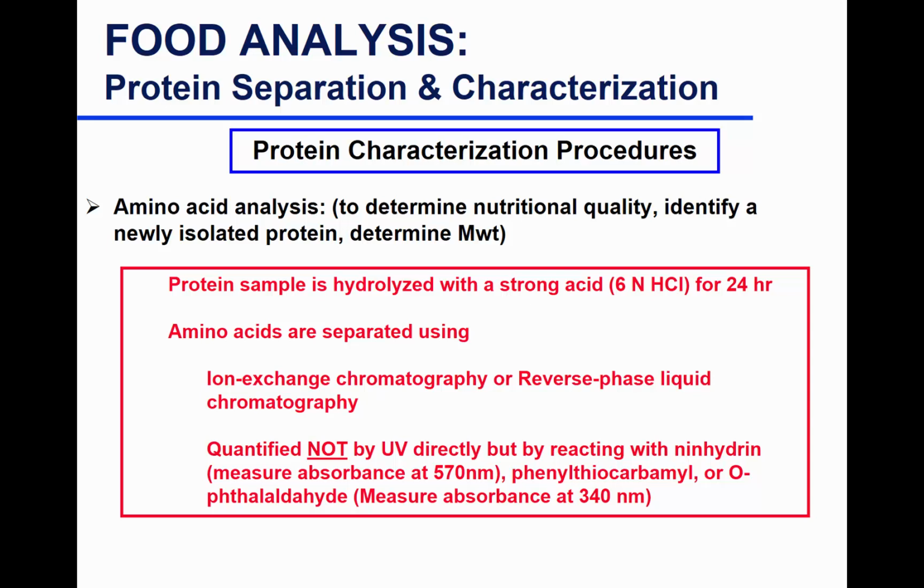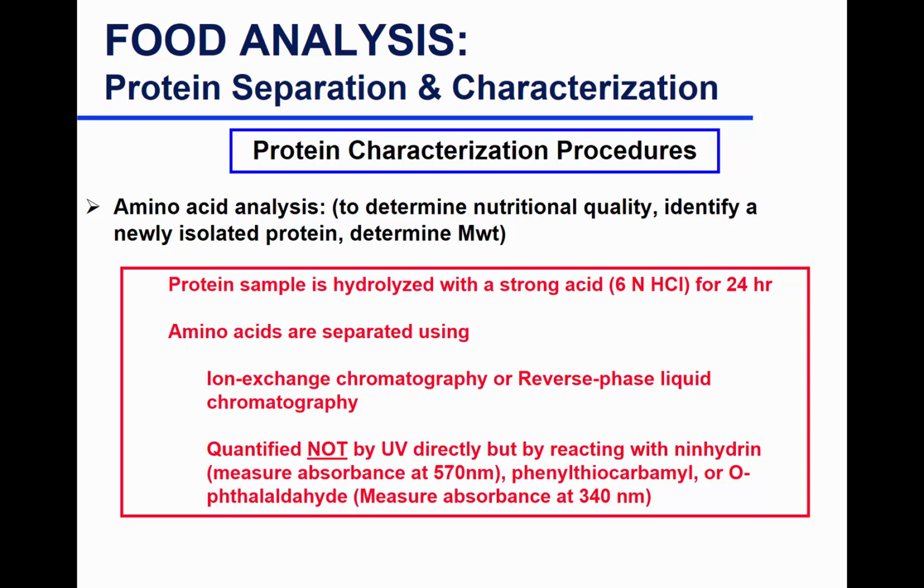So the protein analysis is done by, first of all, the amino acid composition is done by breaking all of the peptide bonds. In order to break all the peptide bonds and release all of the singular amino acids, typically you hydrolyze with a strong acid for an extended period of time until all peptide bonds are broken, and then amino acids are separated either by ion exchange or reverse phase chromatography, and we use standards to quantitate.